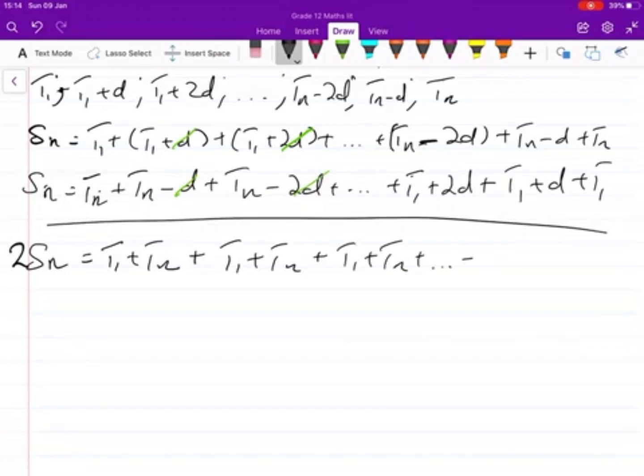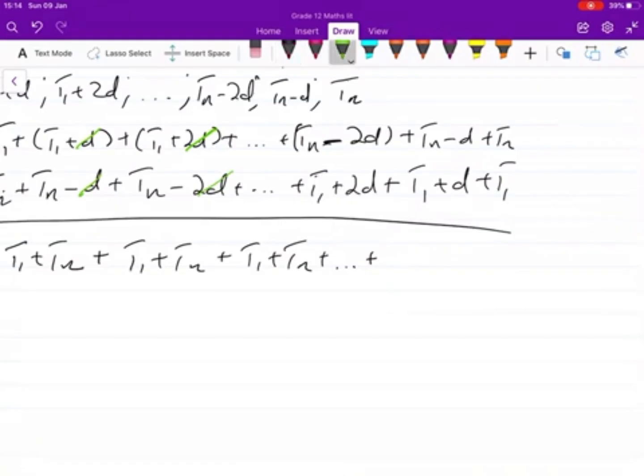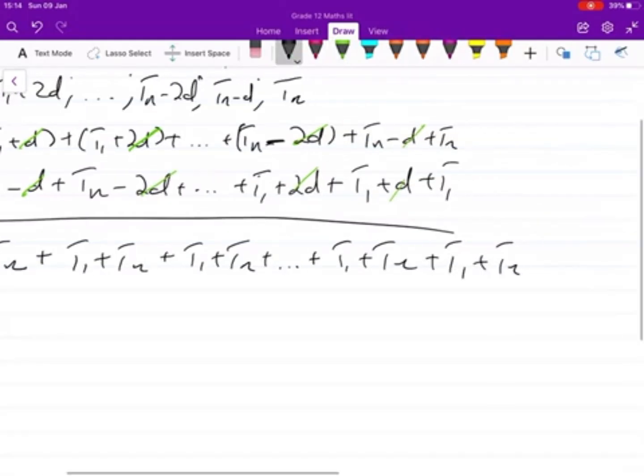This and this cancel out so that you have T1 plus Tn again, and then this and this cancel out so that you have T1 plus Tn, and again we have T1 plus Tn.